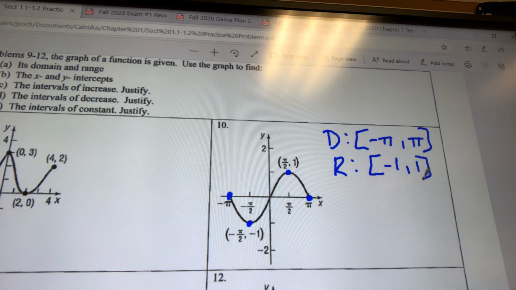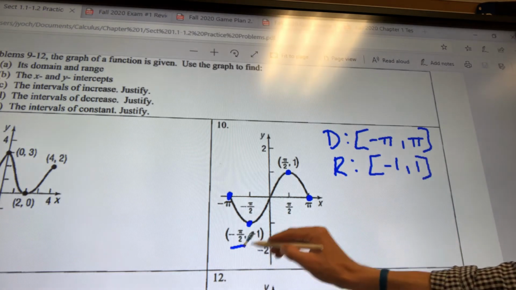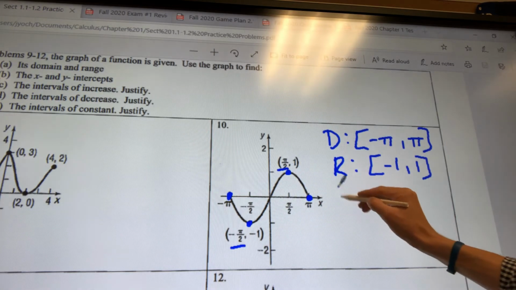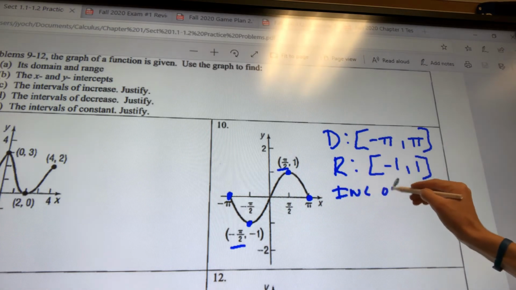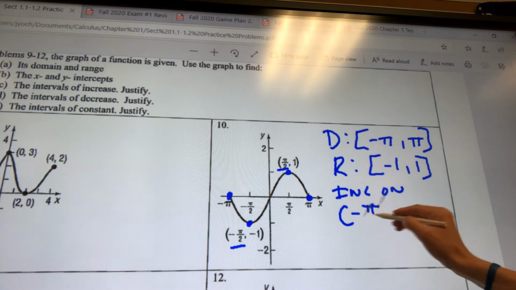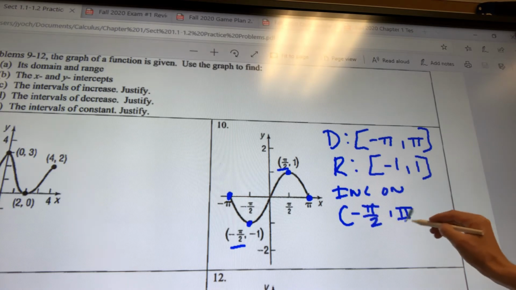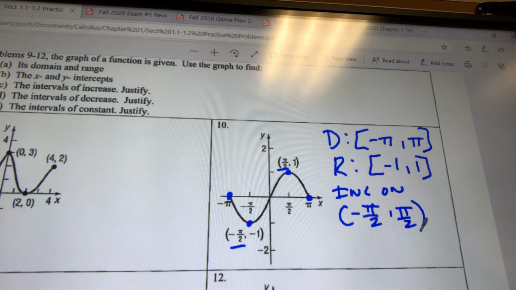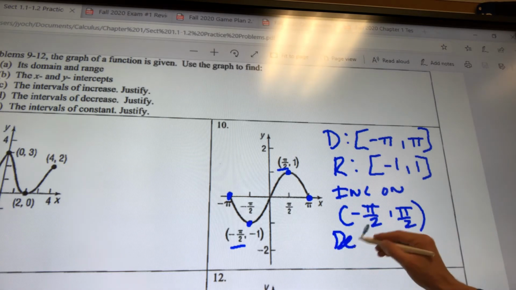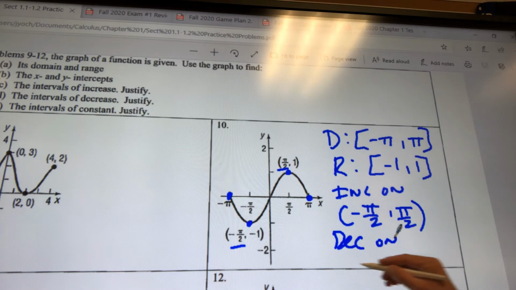All right. The intervals of increase, it's increasing from here to here. So increasing on (-pi/2, pi/2). So for increase, decrease, constant, we use parentheses there. Okay, where does it decrease? This one's interesting.